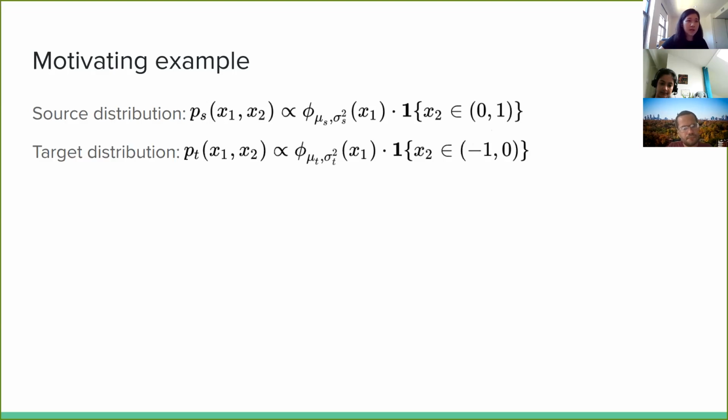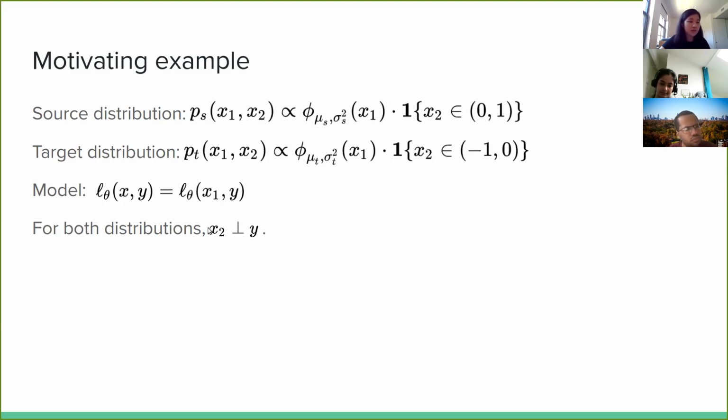Now let's look at a similar target distribution: a different normal distribution on x1, and an indicator variable on x2 being between -1 and 0. Suppose our trained model doesn't actually utilize x2, so it's only a function of x1. Furthermore, x2 is independent of the ground truth label y in both distributions.